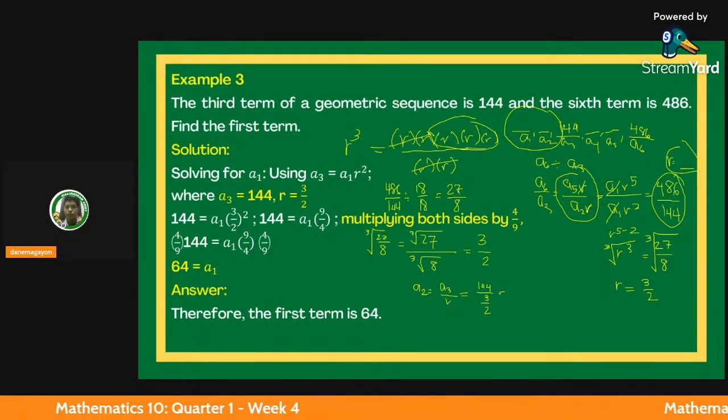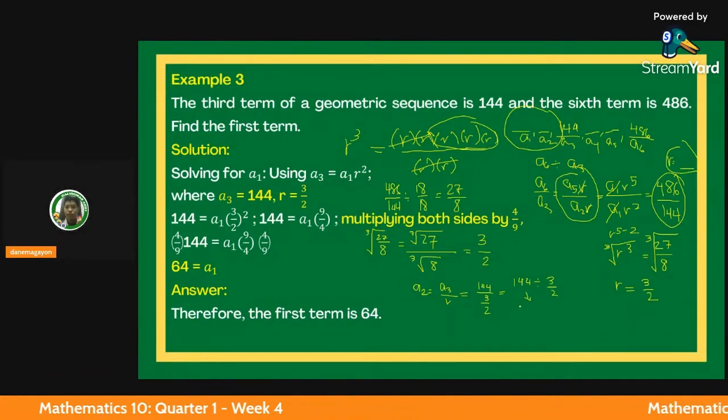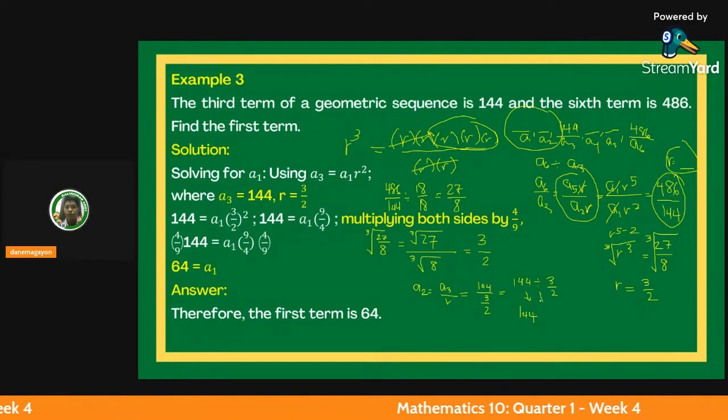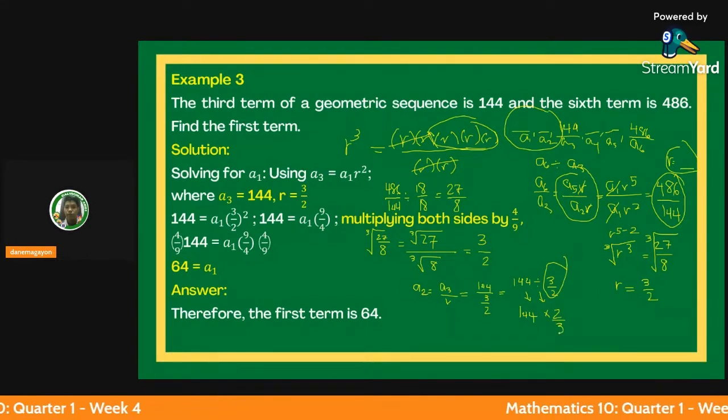So I have 144 divided by 3 halves. What happens is we keep the 144, change the operation into multiplication, and get the reciprocal of 3 halves, which is 2 thirds. There, so we have 2 thirds.